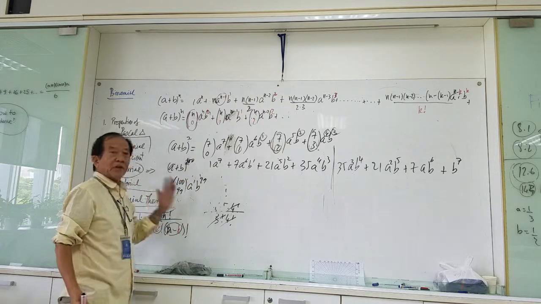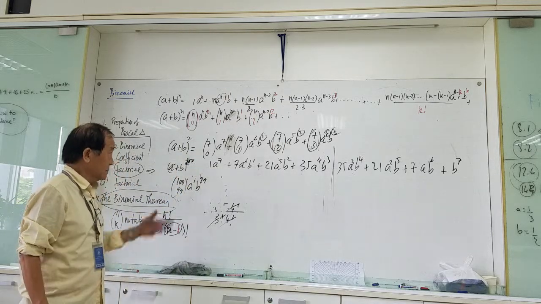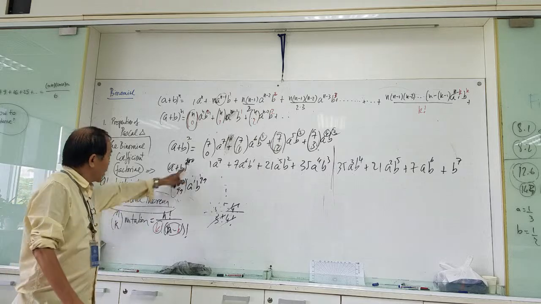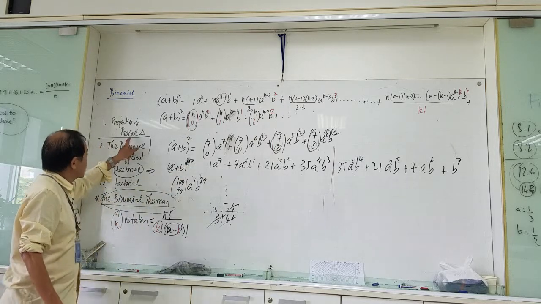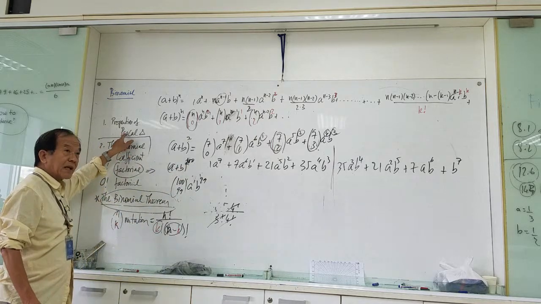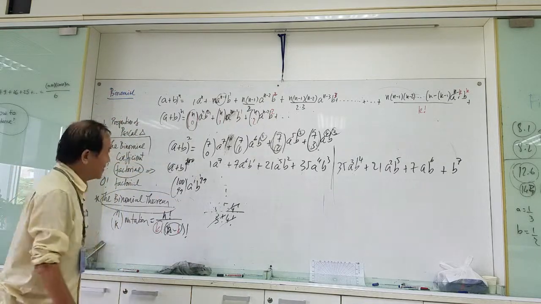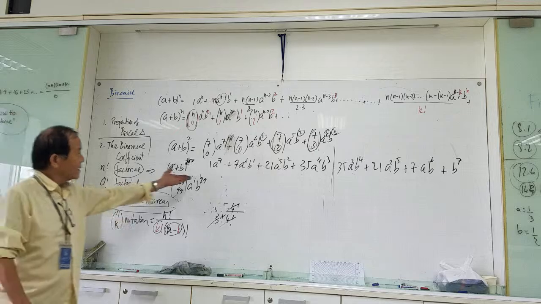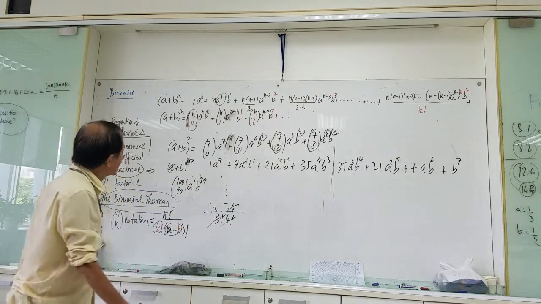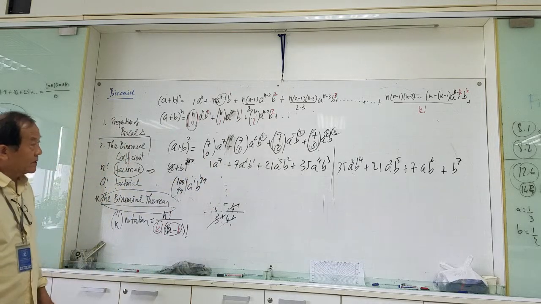So you can go straight to the term you want. Versus Pascal, where you have to go all day long to get to 100 degrees, right? So this application of the binomial theorem is a lot nicer.